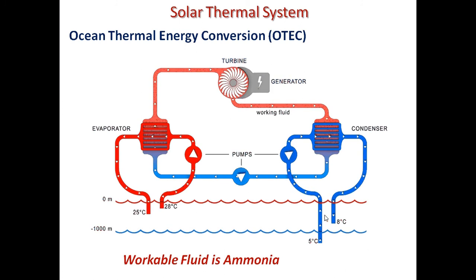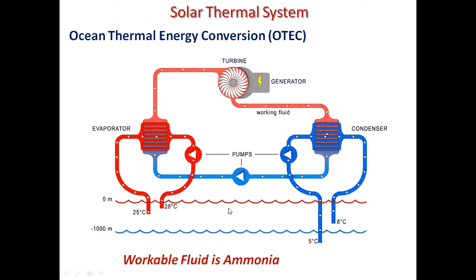How it is stored is that when the solar energy falls onto the top part of the sea, near the surface or just below the surface, this will be heated up to about 25 to 28 degrees centigrade.